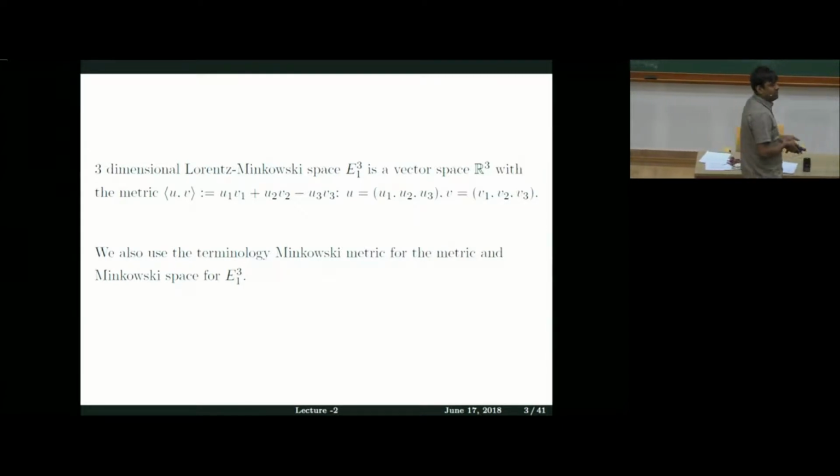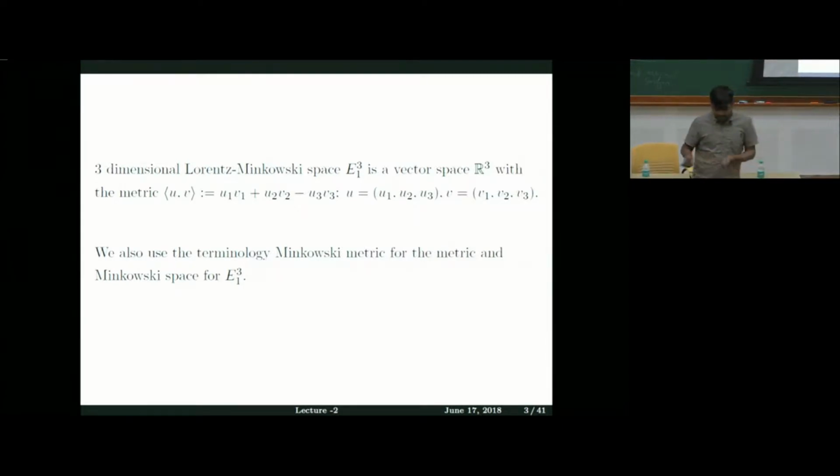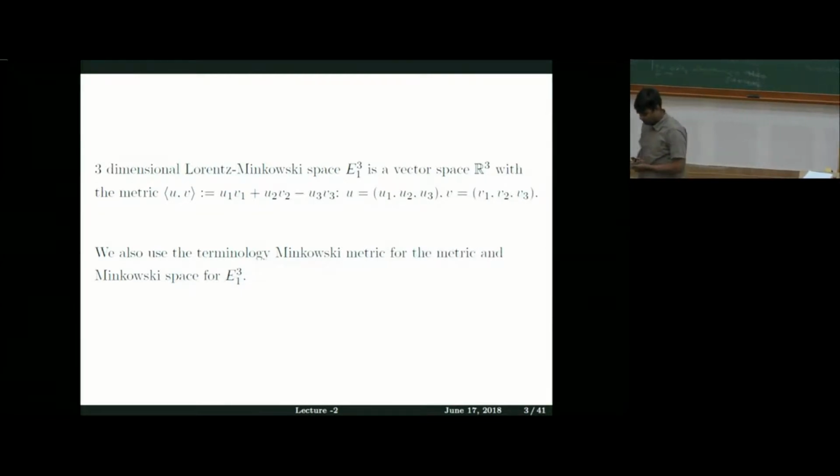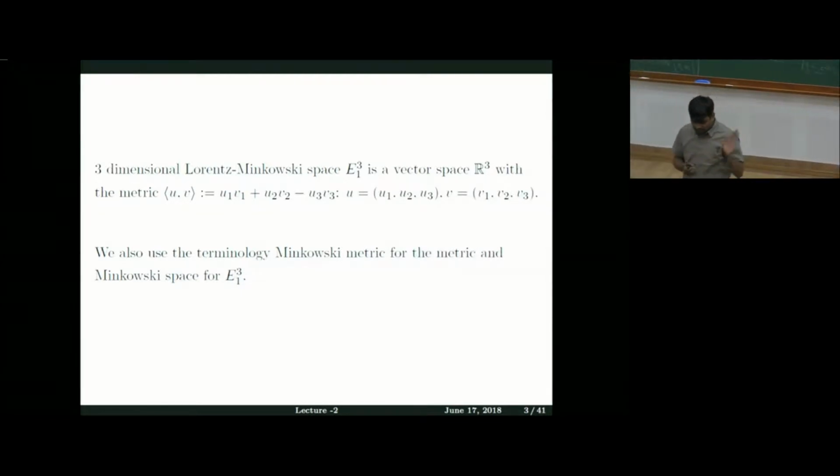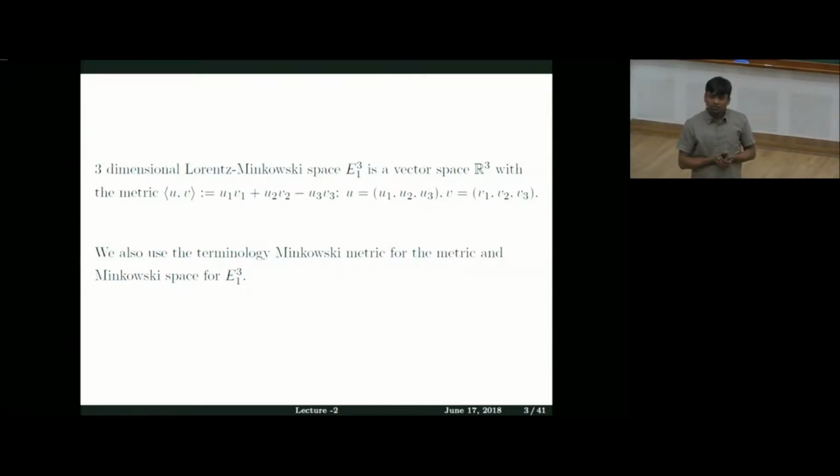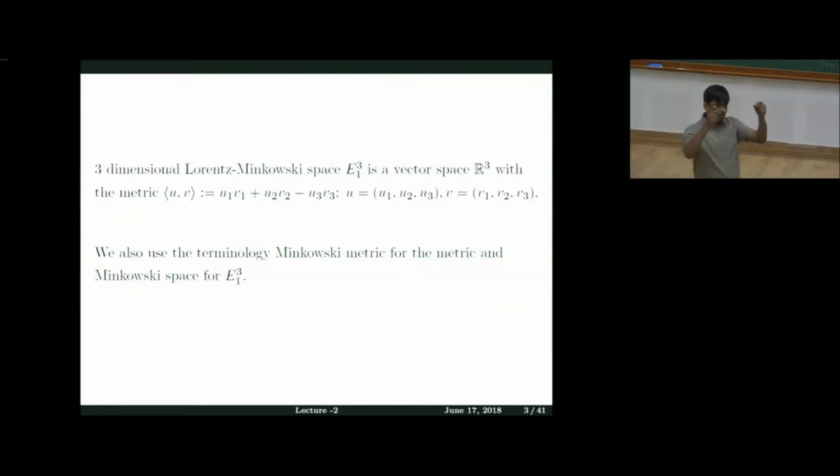With this metric, we want to understand what the similar type of surfaces in this space are. But as soon as you put this metric, you don't have the condition which you had in the Euclidean space. What is that condition? The inner product of v with v equals 0 if and only if v equals 0.